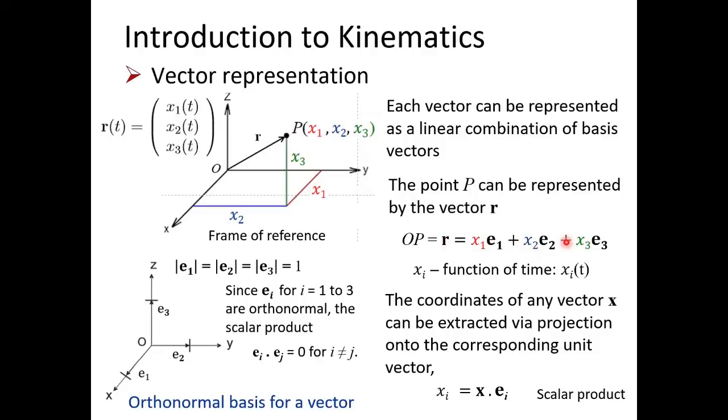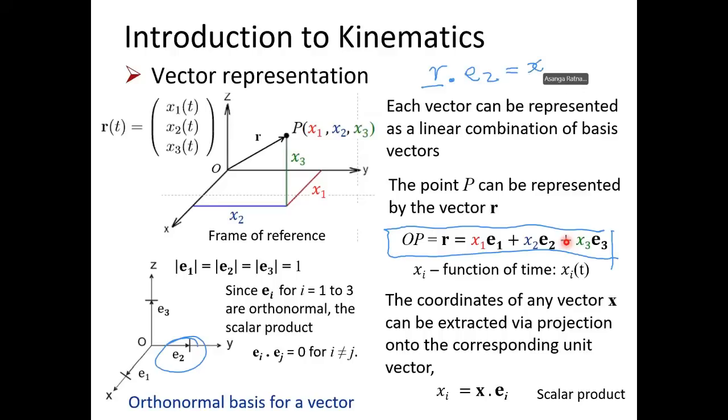For example, if you have a general vector just like this, and if you want to find the component in the y direction, that is the e2 direction, then you can take vector r dot e2, and you will be able to get the component of that vector in the direction of interest.